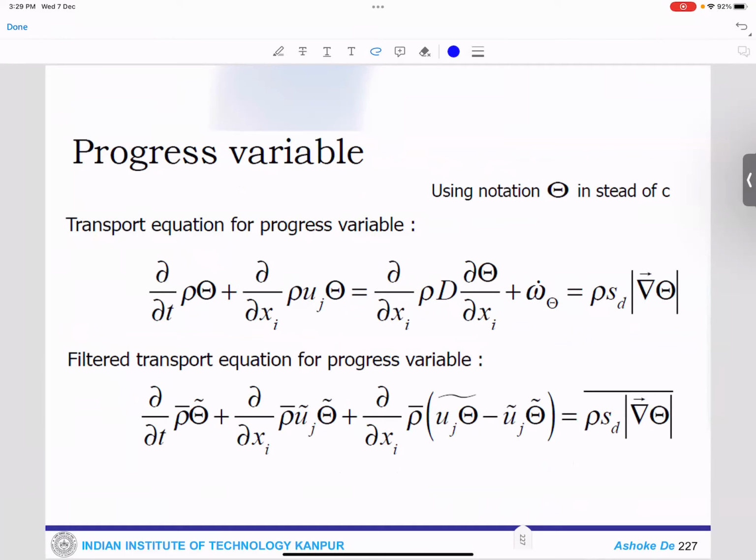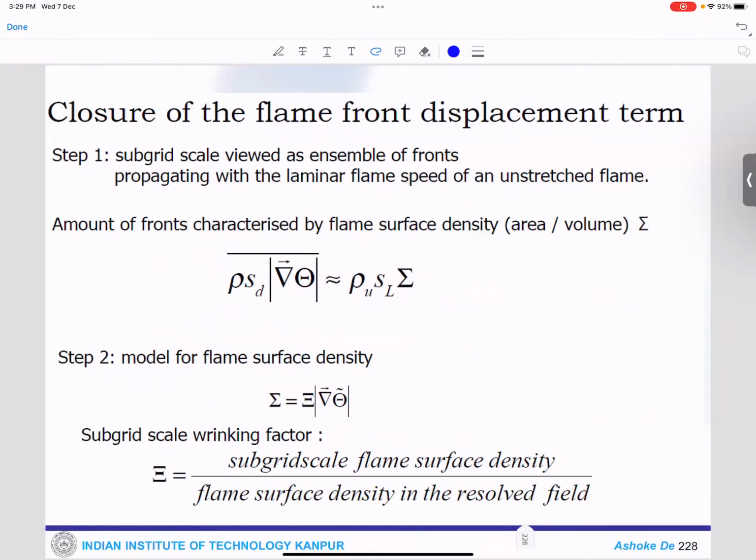The progress variable could be defined, and then you solve that. This is the subgrid scale. So the flame front displacement you close like this, and the flame surface density is closed with an empirical relation. Now the subgrid scale wrinkling factor is estimated.